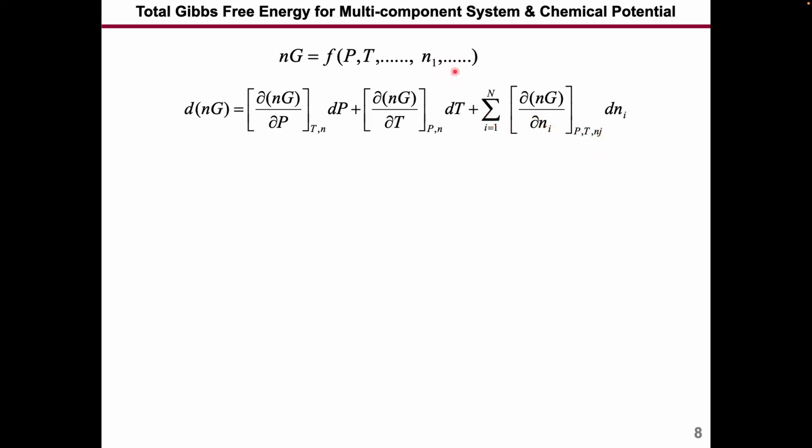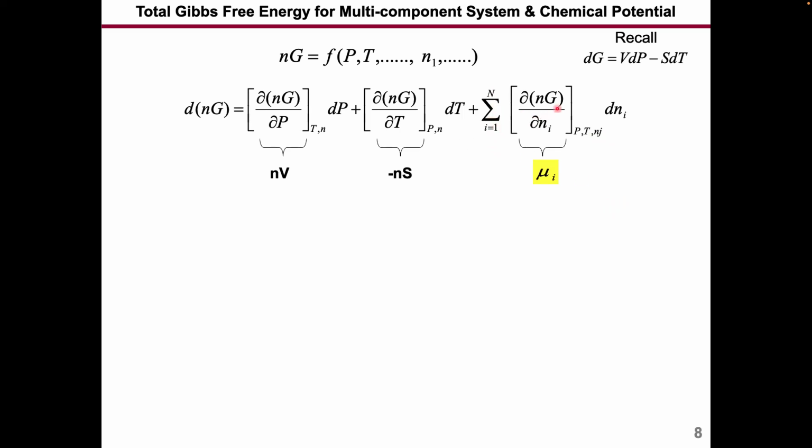If it's a binary system, it goes from 1 to 2: partial N1 holding N2 constant, partial N2 holding N1 constant. But if it's a multi-component system, then you need to go all the way and sum them up.